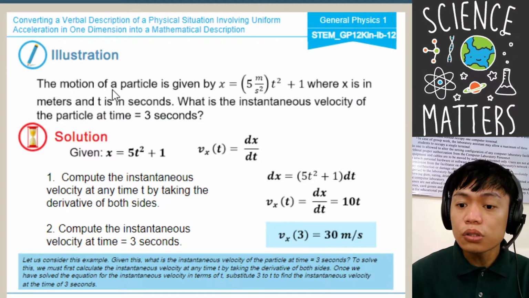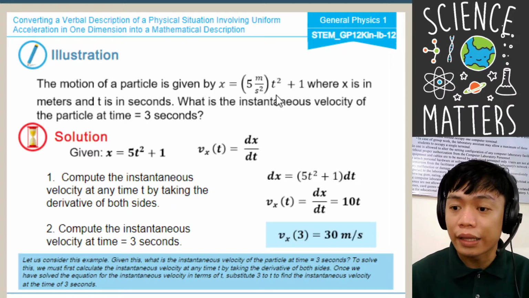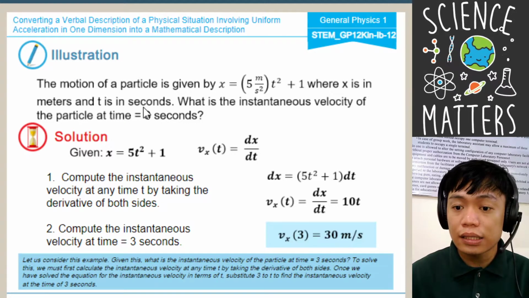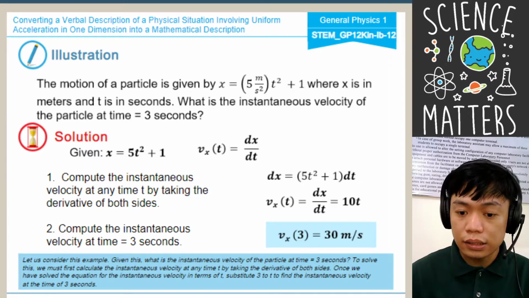So the motion of the particle is given by x is equal to 5 meter per second squared multiplied by t squared plus 1, where x is in meters and t is in seconds. What is the instantaneous velocity of the particle at 3 seconds?